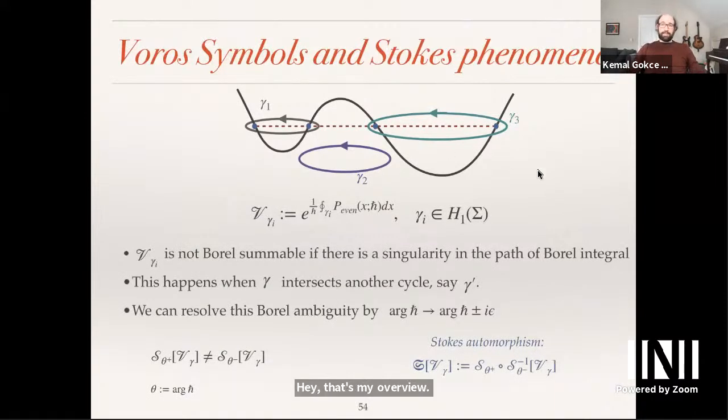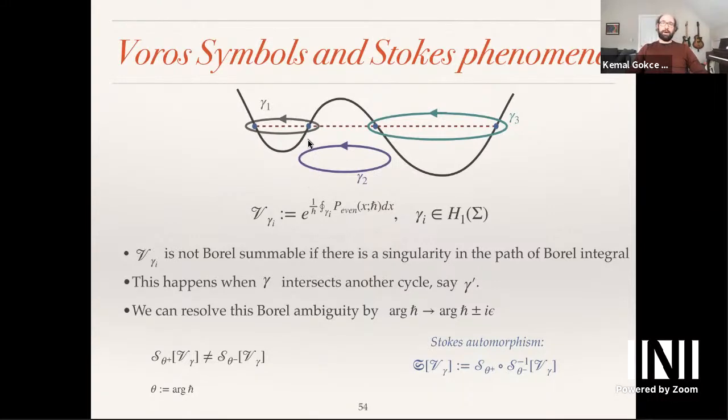Now, as I said, the Borel symbols are resurgent functions, and they're not Borel summable if there's a singularity in the path of the Borel integral associated with my Borel symbol. This actually happens when two cycles intersect each other.